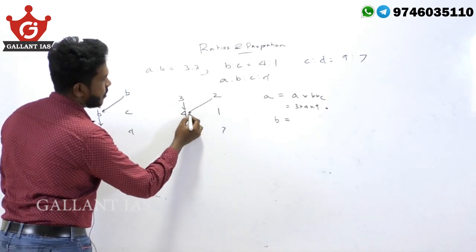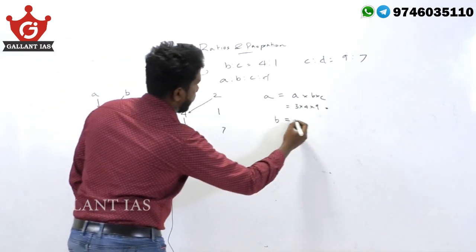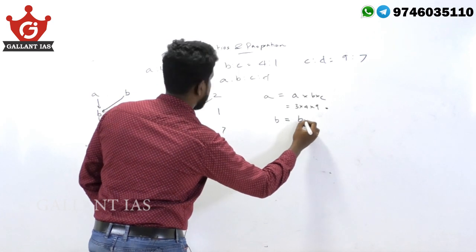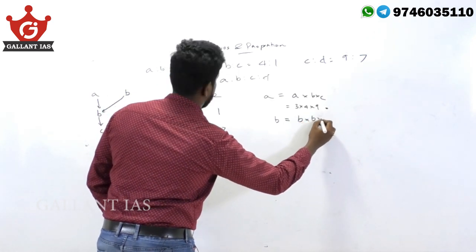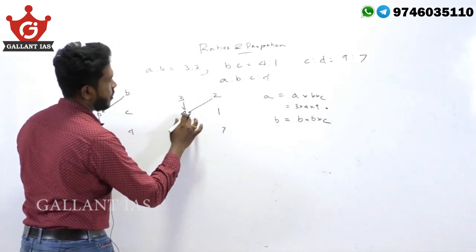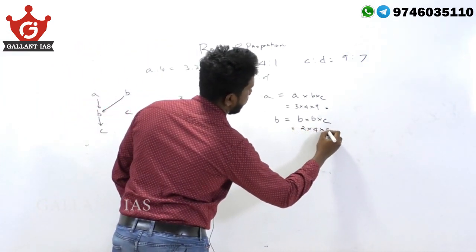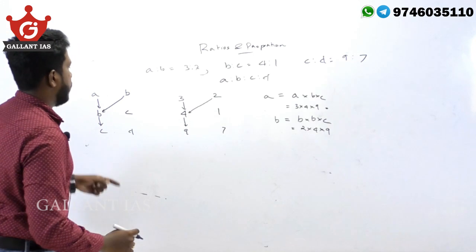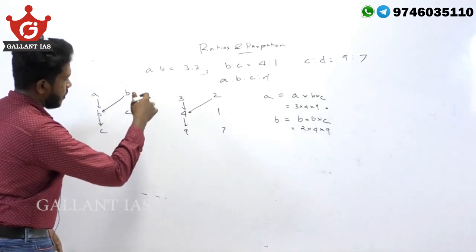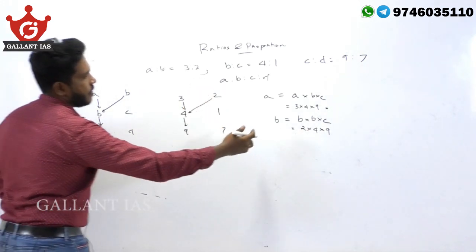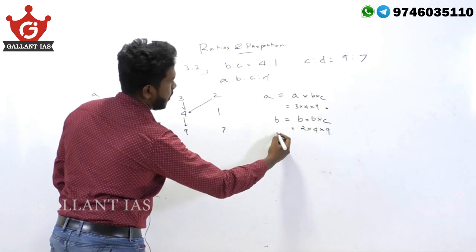So 2 to 4, then 4 to 9. That is B into B into C. Okay. That is 2 into 4 into 9. Now we got the answer. Now we got B, right?